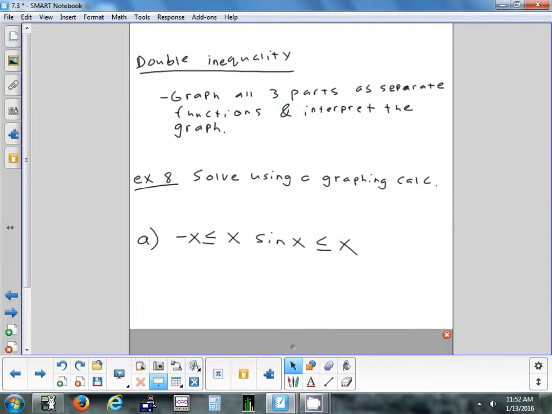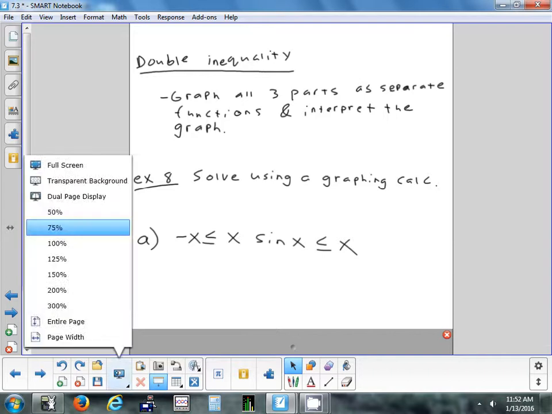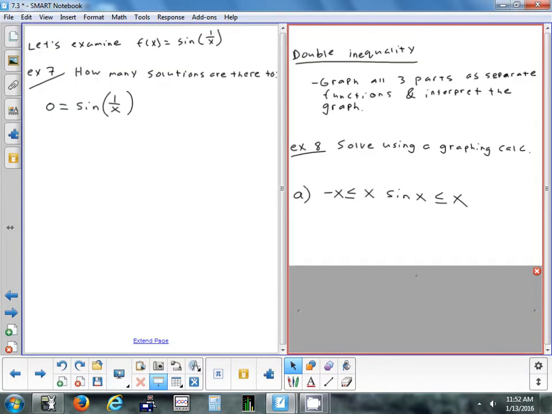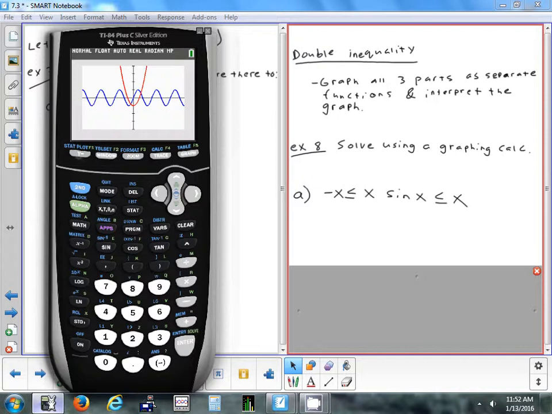All right, so what I'm going to do is type in negative x in y1, type in x sine x in y2, and x in y3.